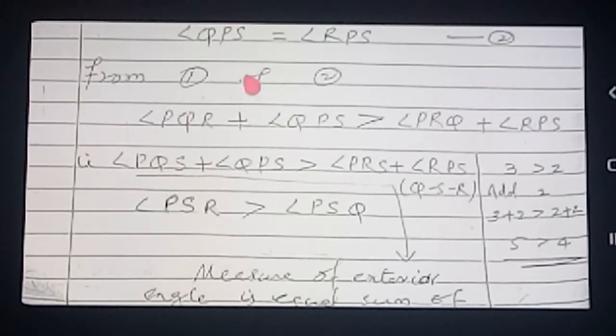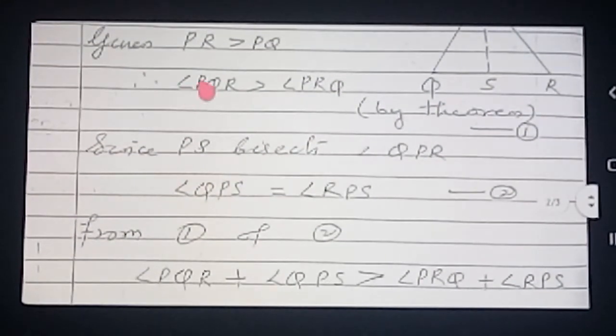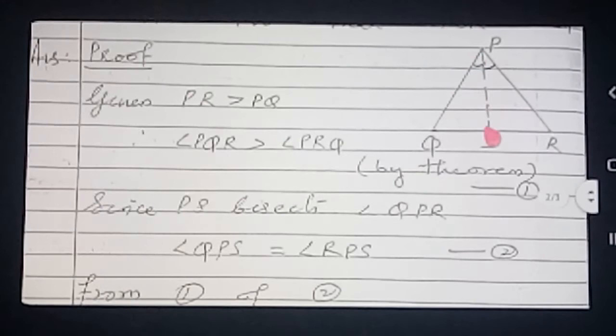So here also I am going to do the same procedure. PQR is greater than PRQ, got it. And QPS and RPS are equal, already known. Why? Because PS bisects angle QPR.